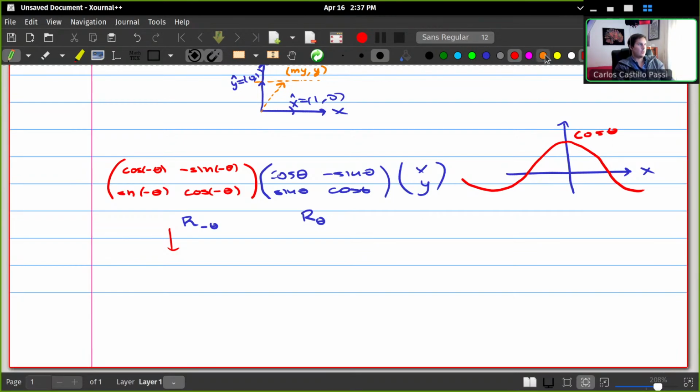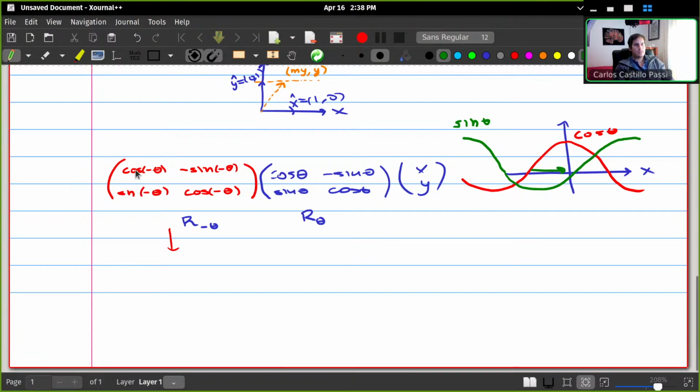If I do the same with the sine, it would be like that. So basically the sine of theta is the same as the cosine, but shifted to the right.